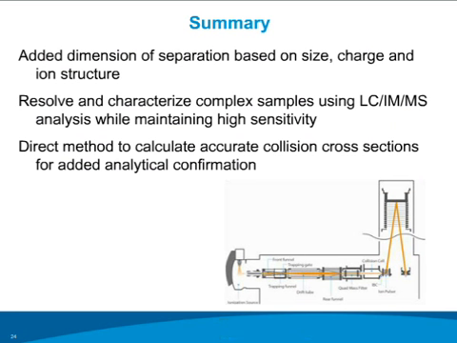The ability to resolve and characterize complex samples using the added dimension of ion mobility to LC and MS, I think, is going to also extend the power of this analytical technique over what's currently available. And finally, the ability to measure accurate collision cross-sections, I think, gives it the added dimension of confirmation for your unknown samples. Okay, thank you, and I'll stop here.